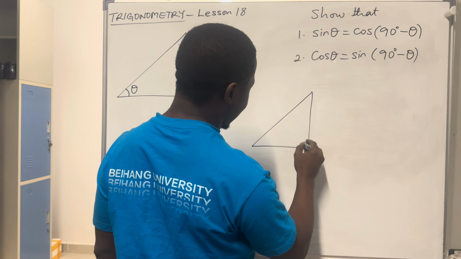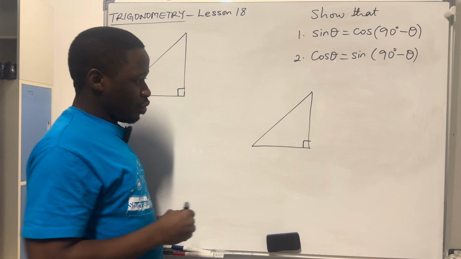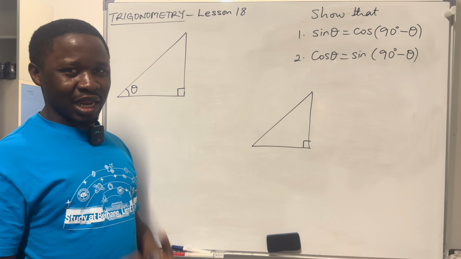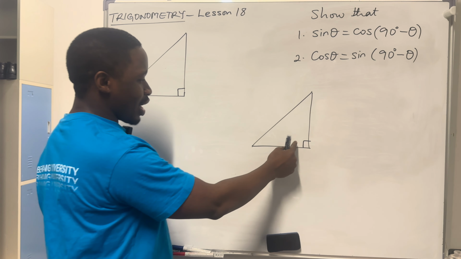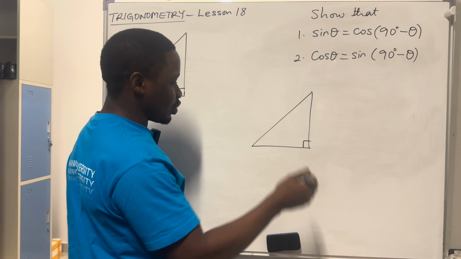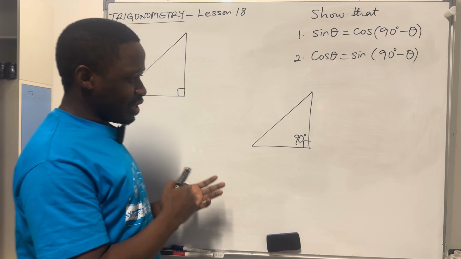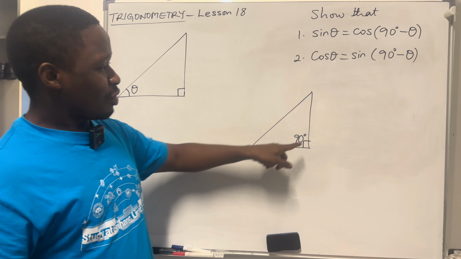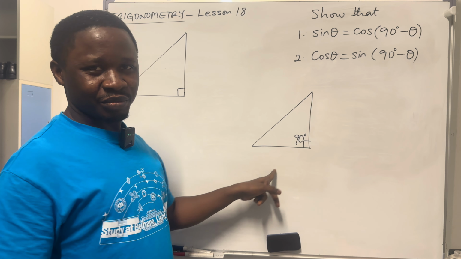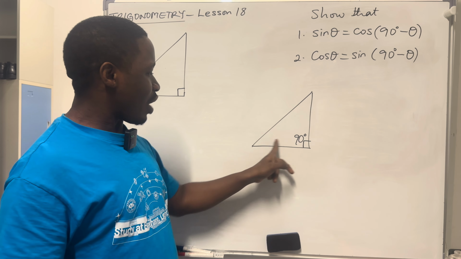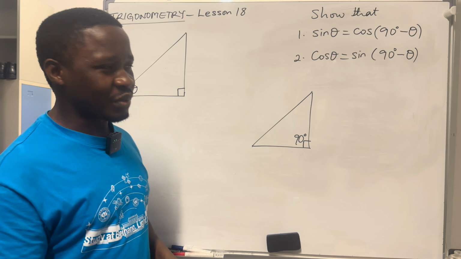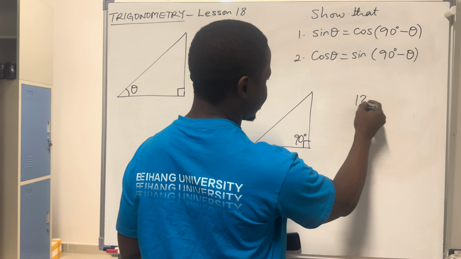This is a right angle triangle, which simply means one angle is exactly 90 degrees. Whatsoever the triangle is, the sum of the interior angles has to be 180 degrees.